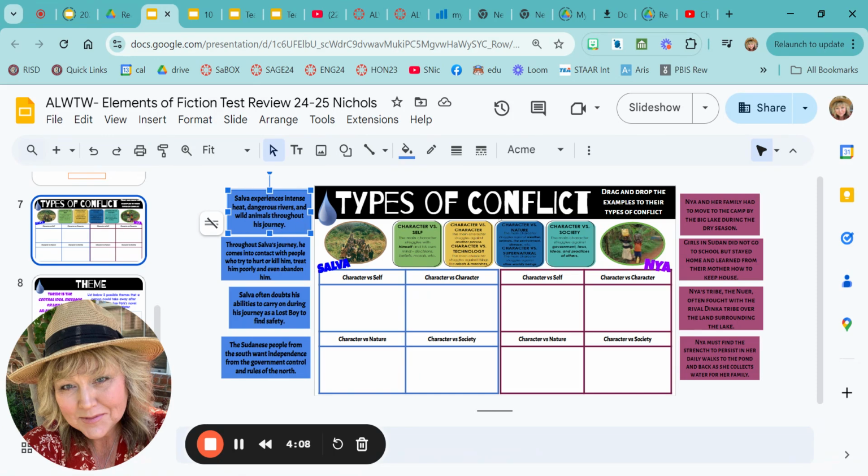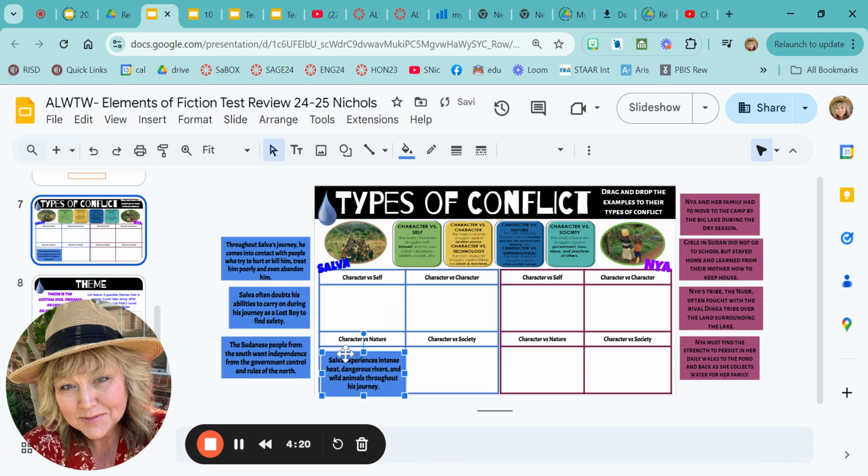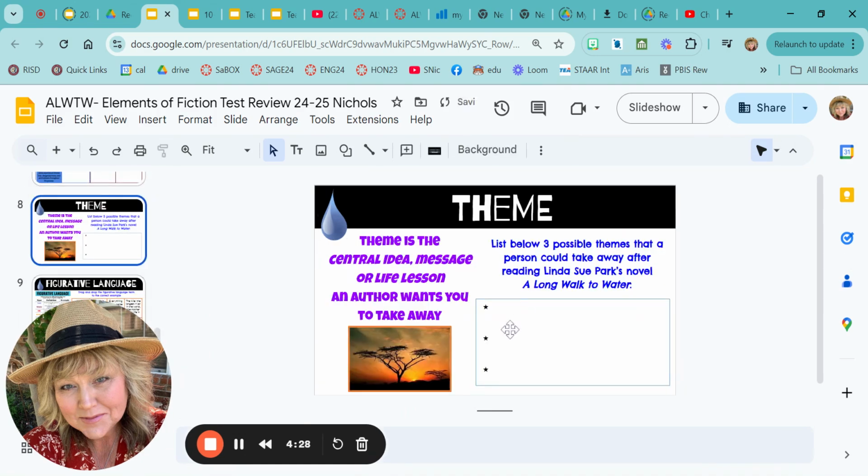So you're going to ask yourself, is that character versus self? No. Is that character versus character? Nope. Is it character versus nature? Winner, winner, chicken dinner. So you're going to slide it down to character versus nature. And you'll do that for all of the rest of these, for Salva and for Naya.